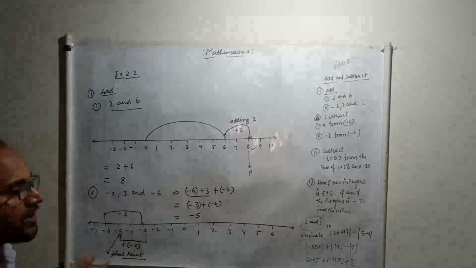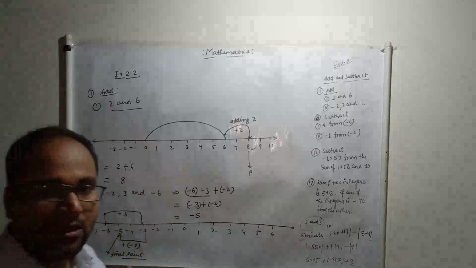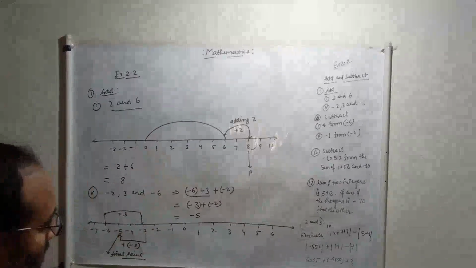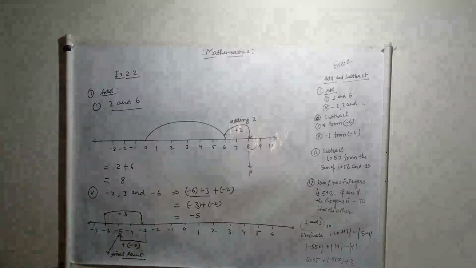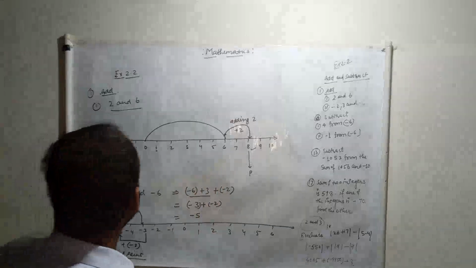And the remaining question of the first one, how to add integers on a number line, you can do by seeing these 2 examples, students. And then question number 10, how to subtract.